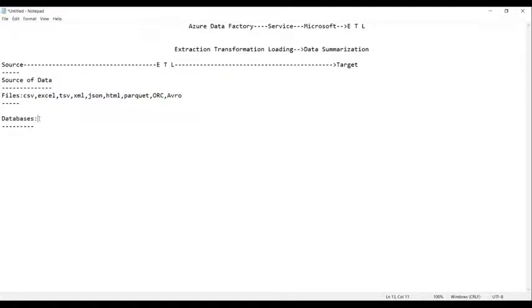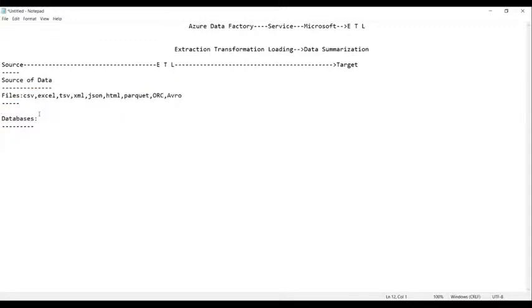The second reason is that whenever you want to store data with more security, that much security is not provided in a CSV or Excel file. Hence, we go for a database.